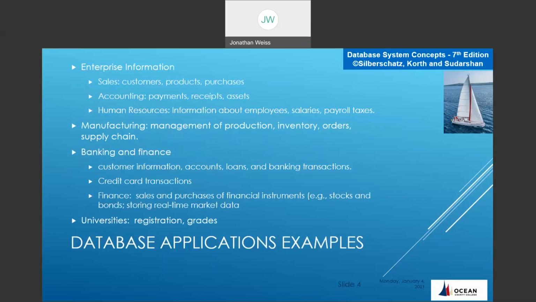Some of these we mentioned, but most companies have information about sales. They keep their sales data in a database that includes customers and products, what those customers buy. So, you can think of Amazon as a big database. They have all your information about you as a customer. They have all that information about products.